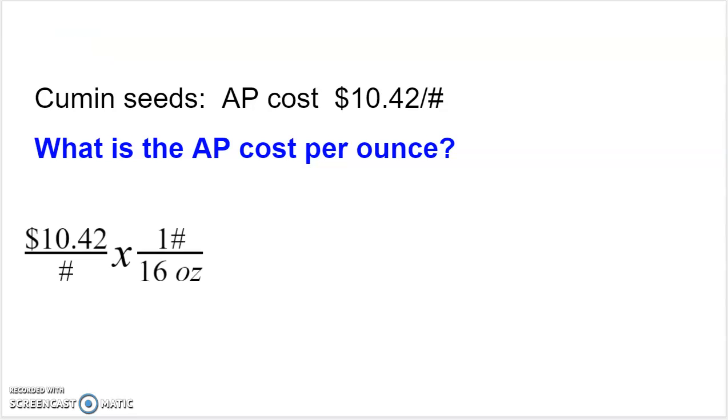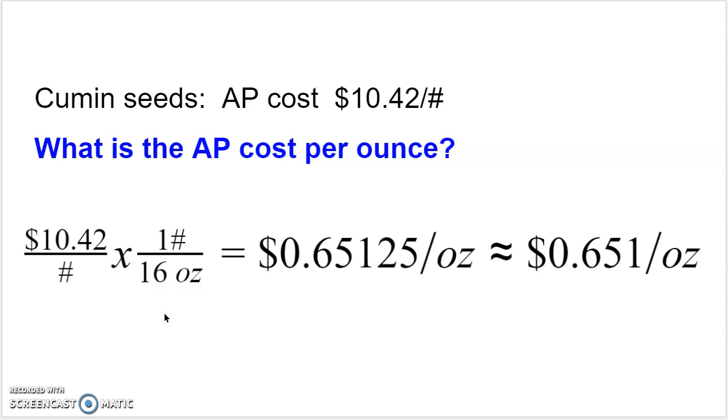So we start out with the $10.42 per pound, but we want to make it into ounces, so we multiply by 1 pound over 16 ounces. Then we just do the division, so we end up with 1042 divided by 16 gives us this decimal here. I rounded it off a little bit, $0.651 per ounce.